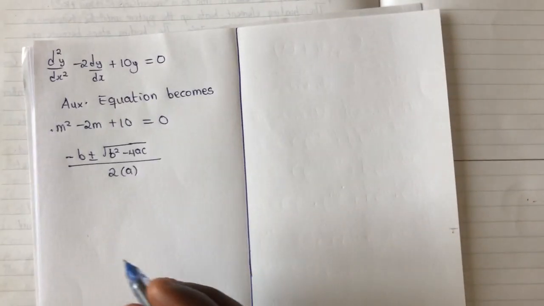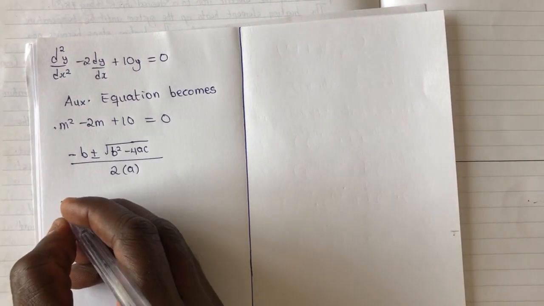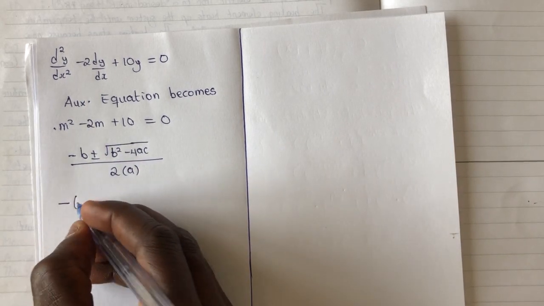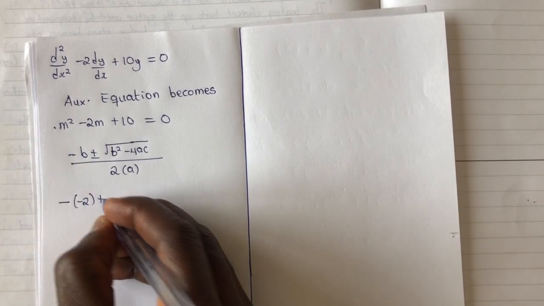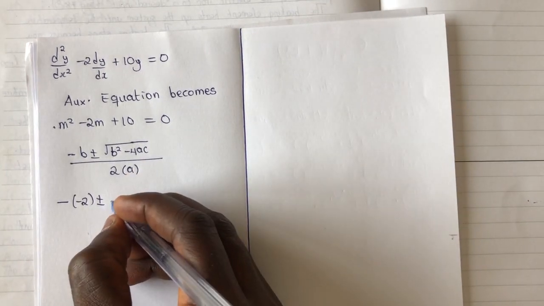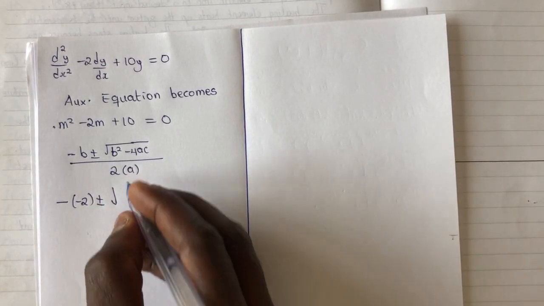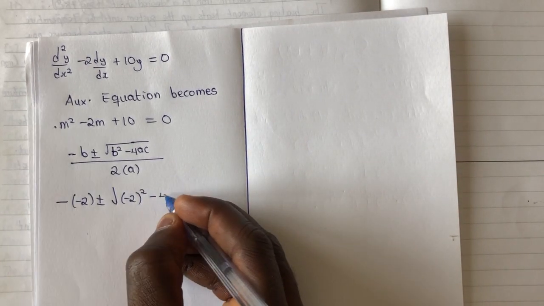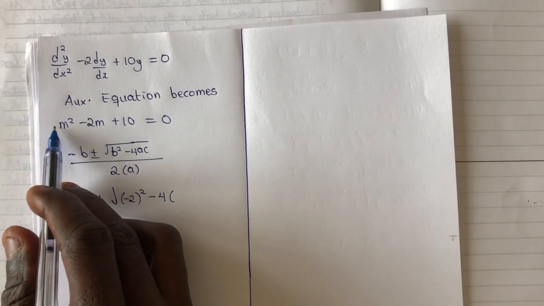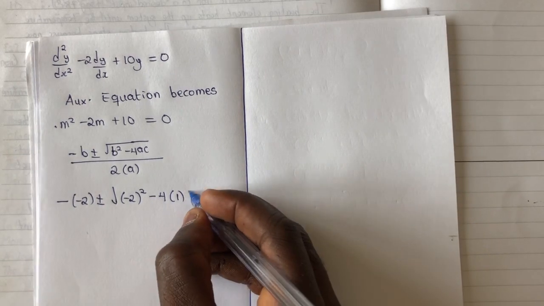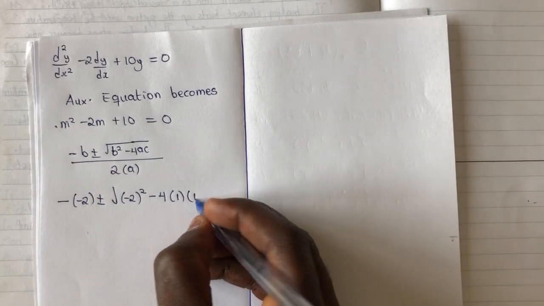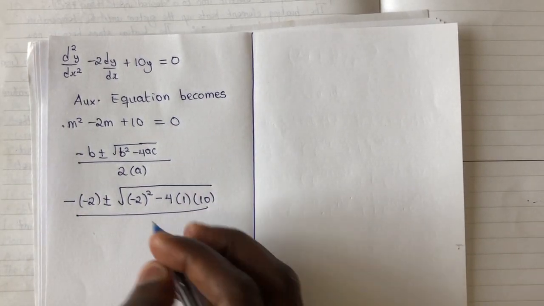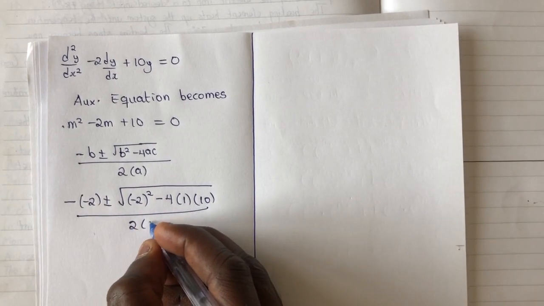So when we put it inside, there is already a minus here, and b is also minus 2, so I'll put it into brackets. Then plus or minus root of minus 2 all squared minus 4. What is a? A is 1. And what is c? C is 10. So this is what I have, all divided by 2 times 1, where a is 1.